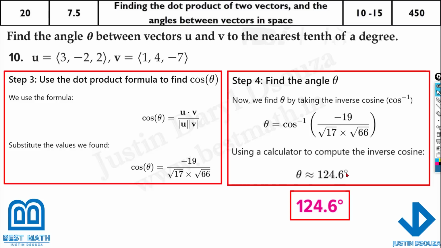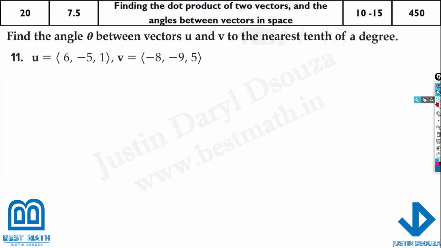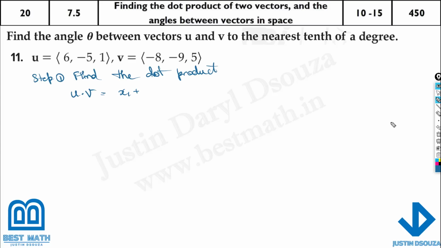Let me do one more answer. Let me do this thoroughly. Step 1, if you're doing it for your exam, find the dot product. Here it is u dot v, that is given as x1 times x2 plus y1 times y2 plus z1 times z2.